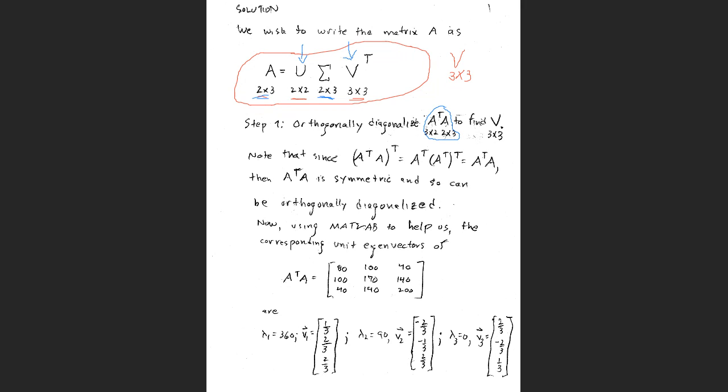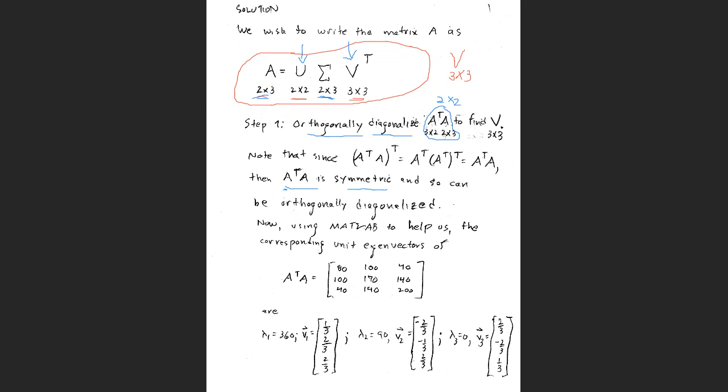So that means A transpose times A has dimensions 3 by 3. We're going to orthogonally diagonalize that matrix A transpose times A, and we can do that because A transpose times A is symmetric.